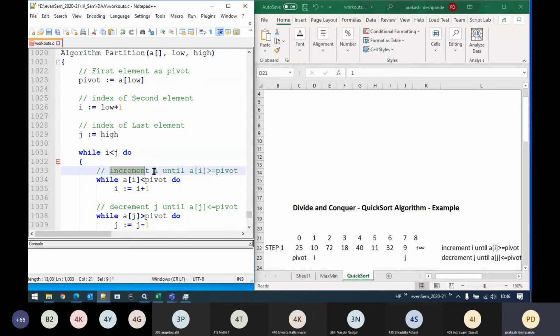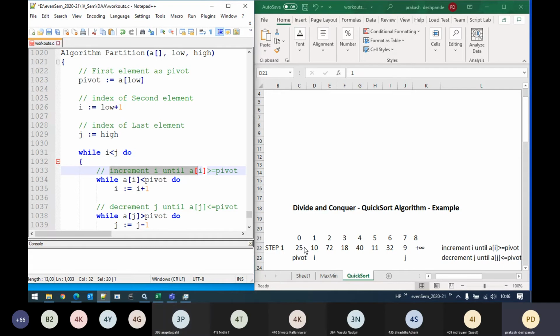Condition is what? Increment i until a of i is greater than or equal to pivot. In other terms, you can simply think, a of i, is it less than pivot? Now i is 1, a of i means 10. Is this 10 less than pivot? Yes.